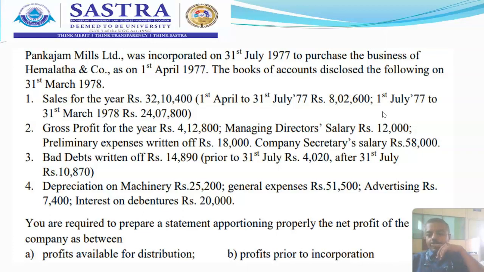Next is bad debts. So what are bad debts? If there is no segregation of amount, then we can directly use the sales ratio, since bad debts are directly related to the turnover of the company. A debt which is receivable may not come back in the future.